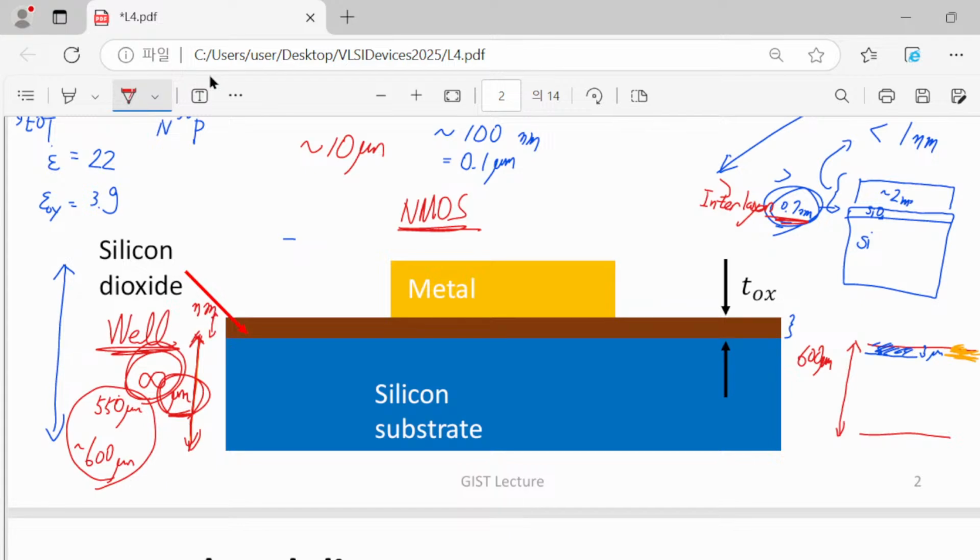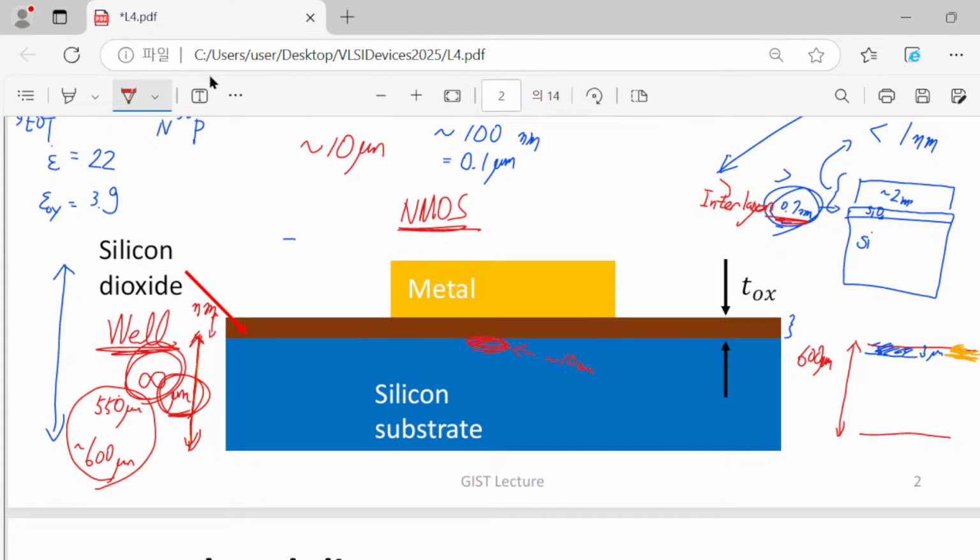Even when we consider electron gas or hole gas, which will occur just beneath this oxide or silicon dioxide layer, its average thickness is just around a few 10 nanometer or few nanometer scale. So therefore, micrometer can be easily regarded as infinitely large.